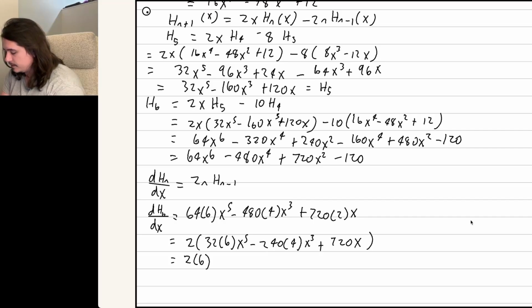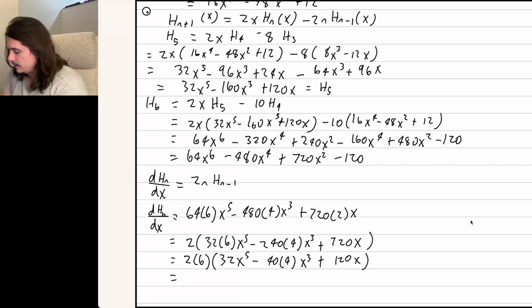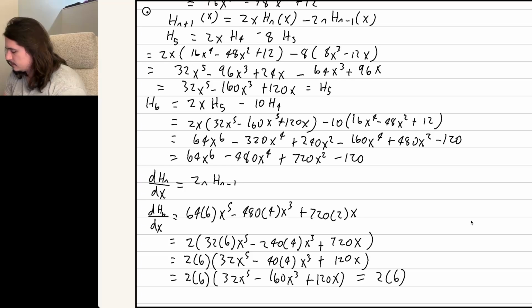So 2 times 6, which is n, by the way, so 32x^5 minus 40 times 4x cubed plus 120x. And then simplifying what's inside here, that's going to be 160x cubed plus 120x, which is 2 times 6 times h5.